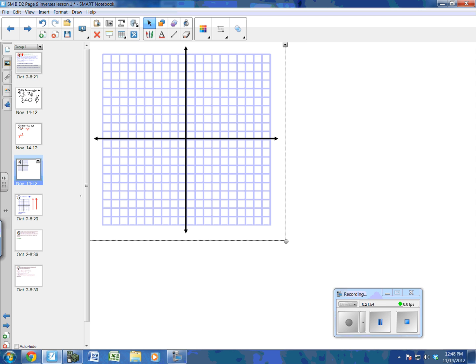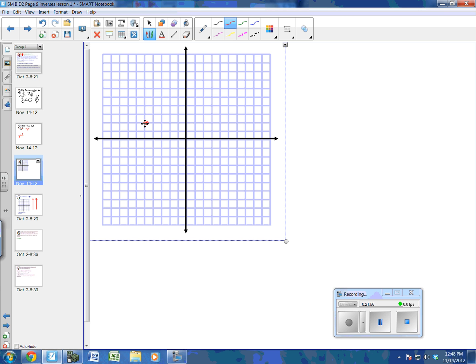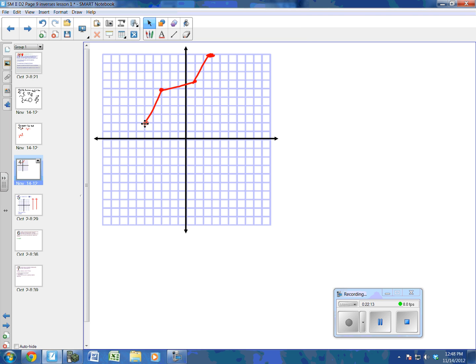I'll give you the following points. And let's say I connected them like this. I want you guys to graph the inverse of that. What would you do?